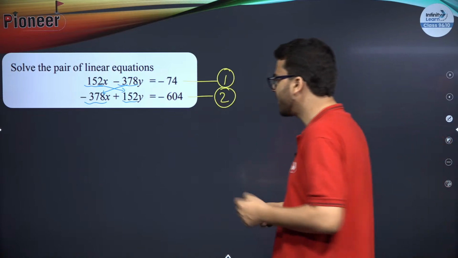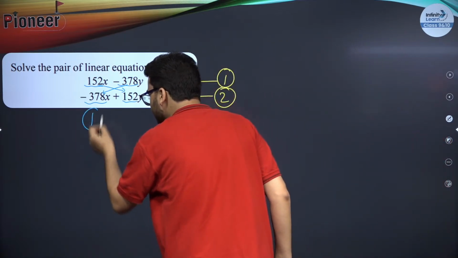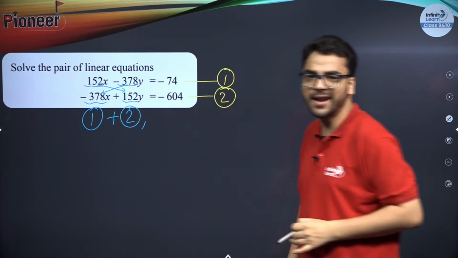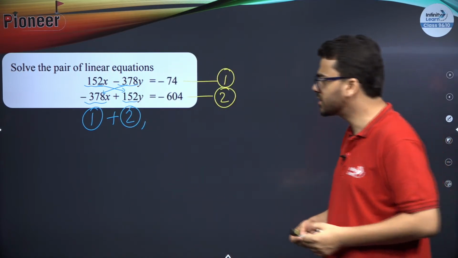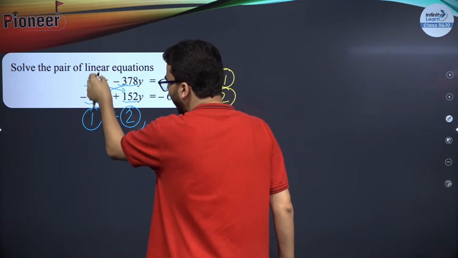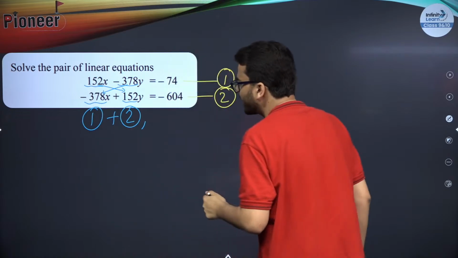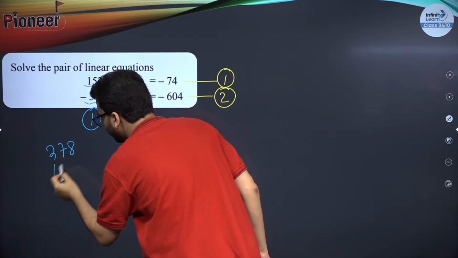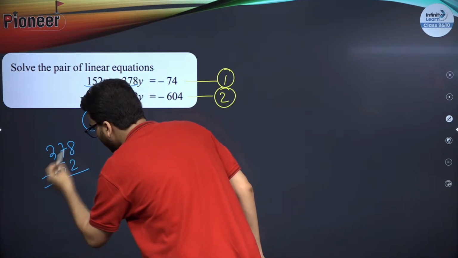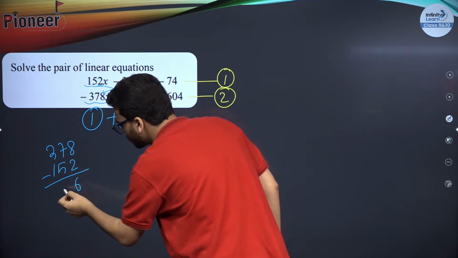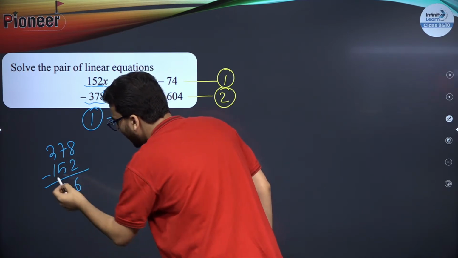Coefficients are interchanging, right? So there is a trick to solve these questions. What is that trick? Just add the equations first. This is the first step you need to do. Add equations 1 and 2. If you add equations 1 and 2, what will happen? The coefficients of x will get added over here. What will you get? Basically, this will give you 378 minus 152. So what is that equal to? This is 6 and this is 2, and this is also 2.